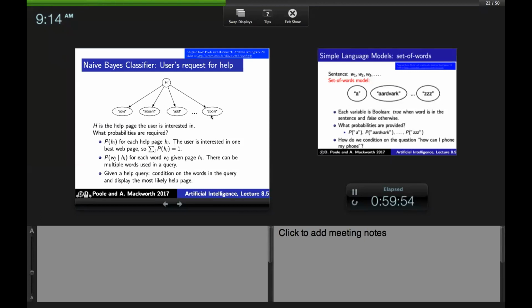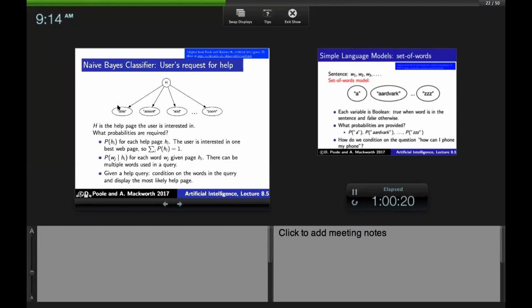Okay, so you can review the naive Bayesian classifier slides, but the very simplest language models might view language in terms of naive Bayesian classifier. And this might be a model that's used in this example to distinguish between help pages for various things.